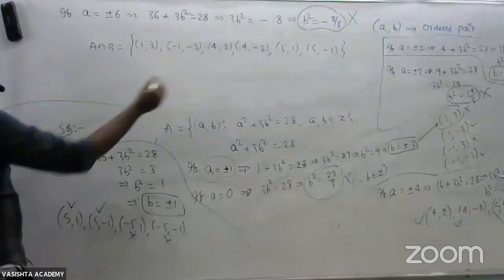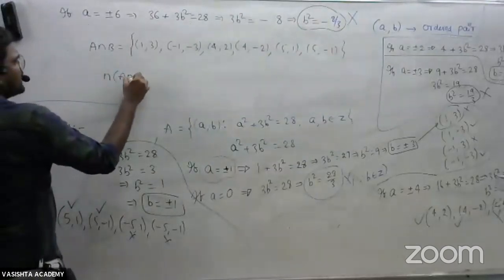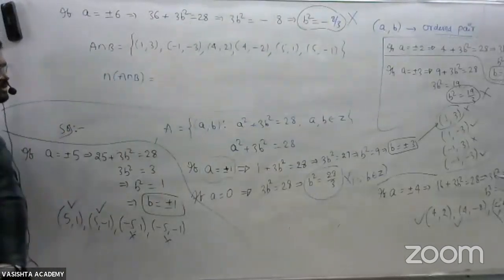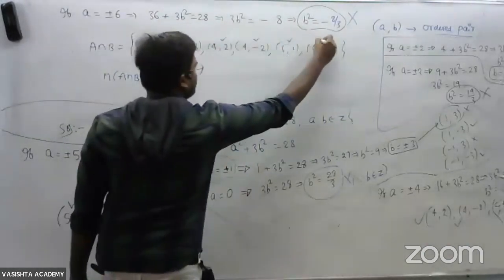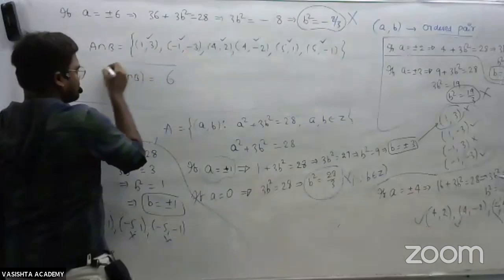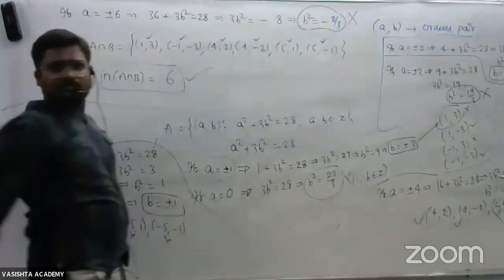So what is he actually asking? The cardinal number of A intersection B. So how many ordered pairs can you see? 1, 2, 3, 4, 5, 6. So the answer will be 6. Understood?